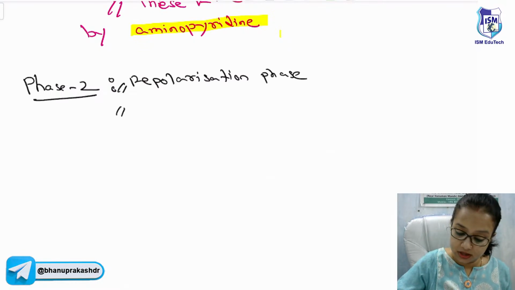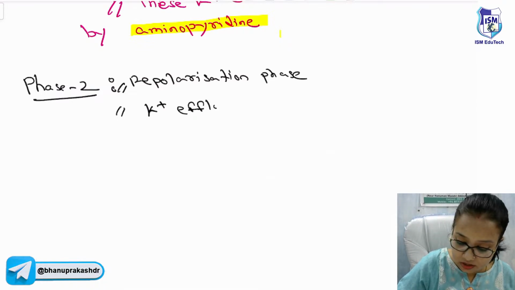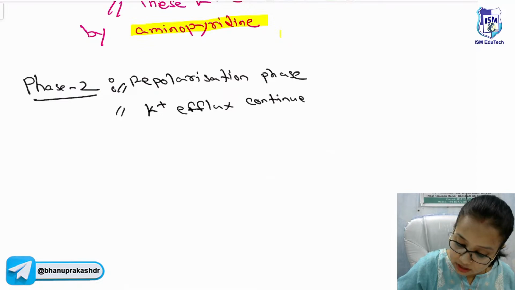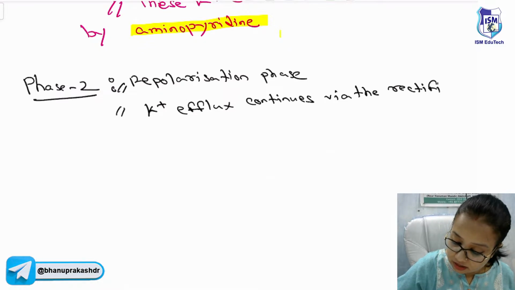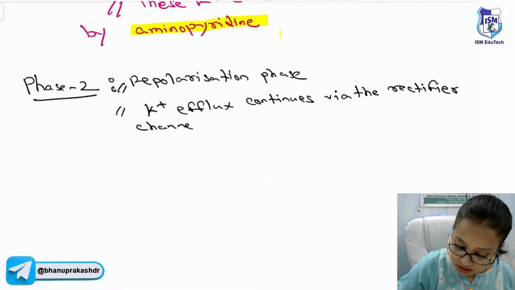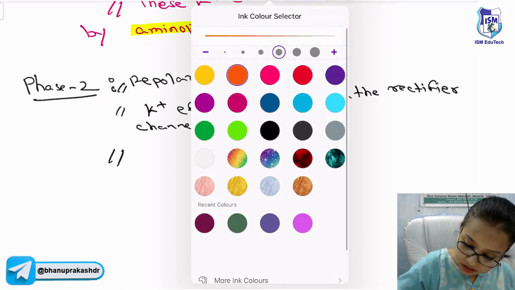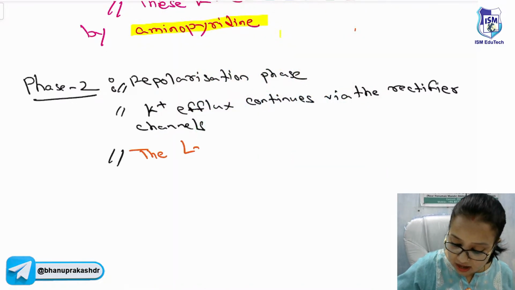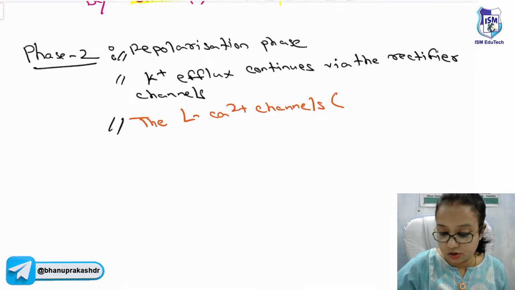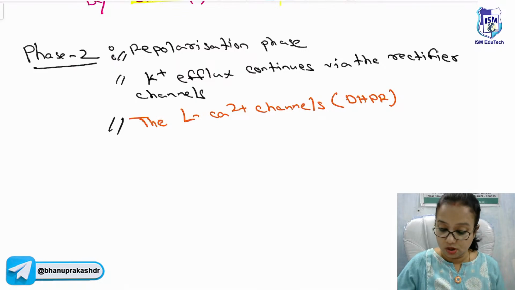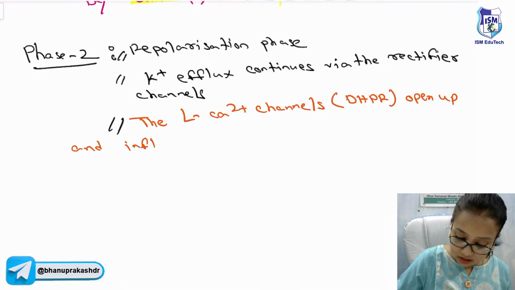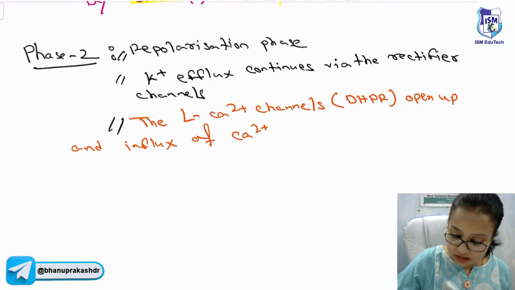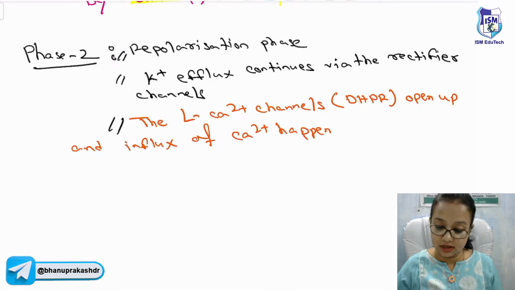At the basis of ion, what is happening here? Potassium efflux continues via the rectifier channels, and an important phenomenon is that the L calcium channels, which are also the dihydropyridine receptors, open up and influx of calcium happens.